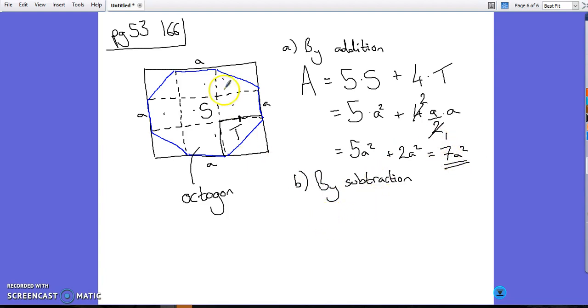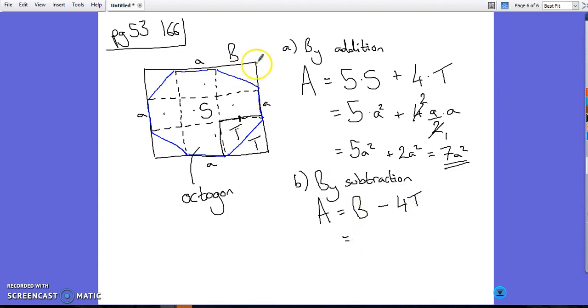So the big square, let's call the big square B for big, is going to be B minus, and again, because of symmetry, we'll call these T, because these triangles here are going to have exactly the same area as these triangles here, because they're each half of one of the squares. So that's going to be B minus 4T.